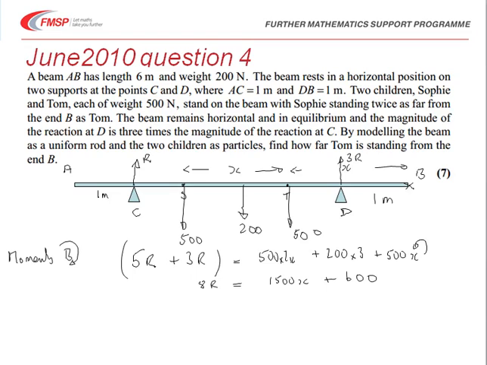So there's one equation. Now we've got two unknowns here. We've got R is an unknown and x is an unknown. So the other thing that we can look at are the total forces. I'm just going to equate the forces in the upward direction.